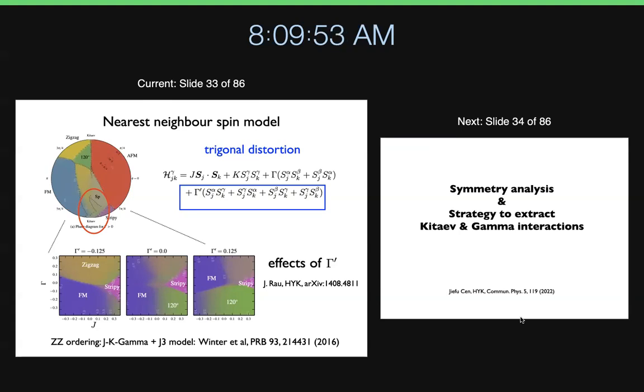So hyperhoneycomb we already have, but in that situation, we know microscopically there are other interactions. Yao-Li's model is the honeycomb with Heisenberg and orbital degrees of freedom. I don't know.